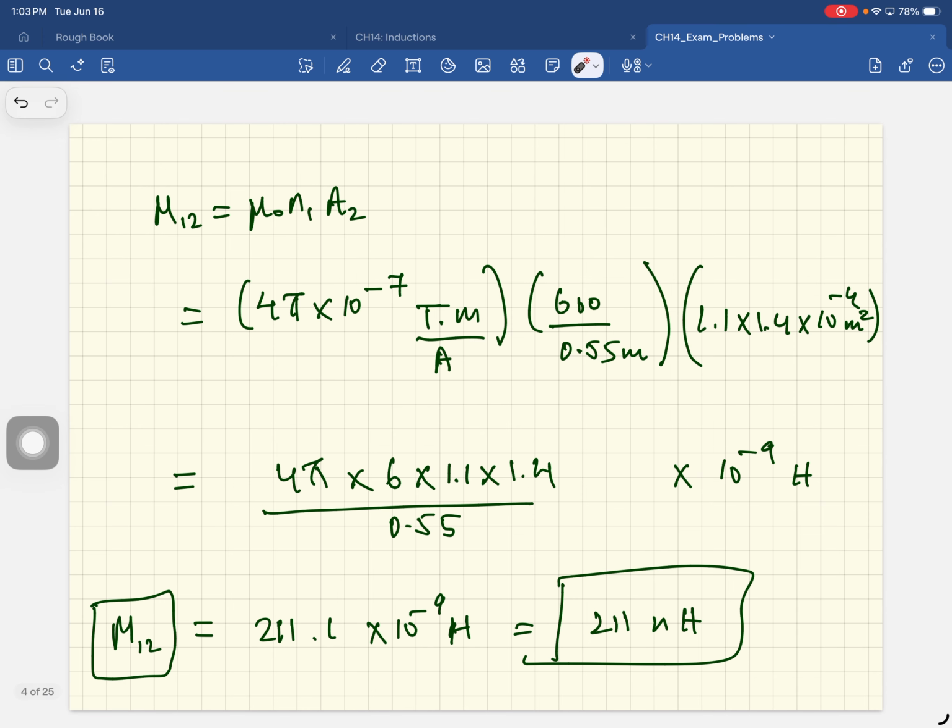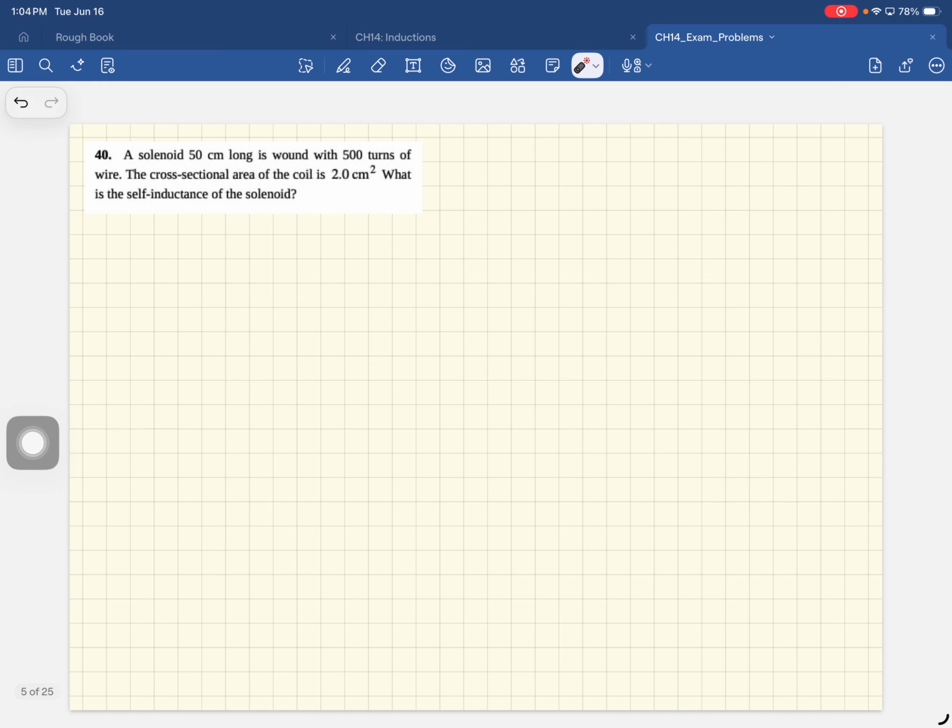And what they're asking is, what is the self-inductance per unit length? L divided by the length is mu naught N squared A. Mu naught is 4 pi times 10 to the minus 7 tesla.